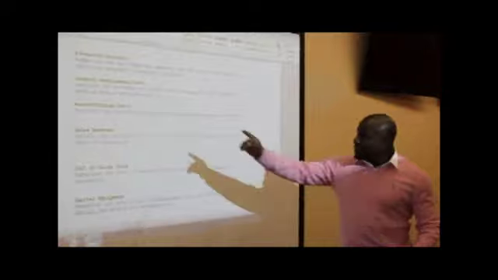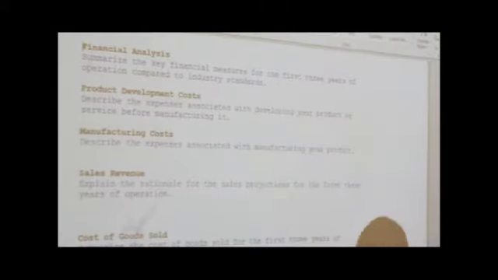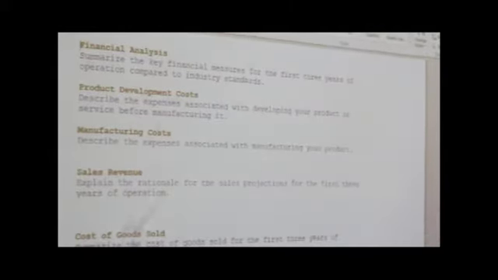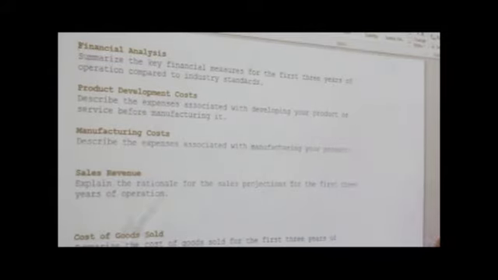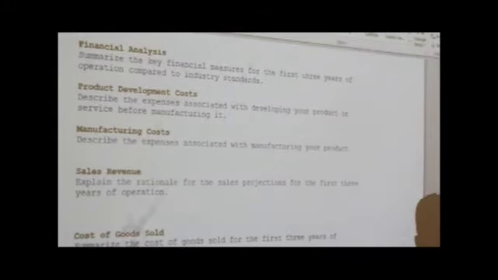Now, one of the things, look, summarize the key financial measures for the first 3 years of operation compared to industry standards. When they say industry standards, you want to look at other industries' cash flow statements, balance sheets, and income statements. The reason why is you want to make sure you get into a stable industry, because sometimes the bottom will fall out of an industry.